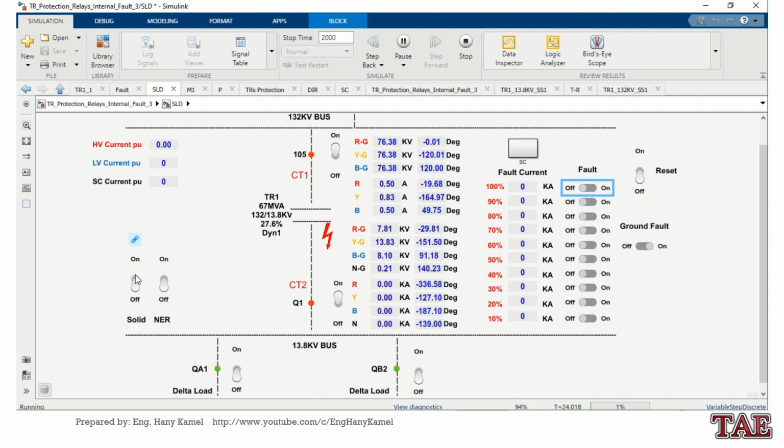Now I will start with the neutral point solidly grounded. I will make a ground fault in the first 10% of the winding. We see the protection already worked and gave a trip command. We can see which protection operated.